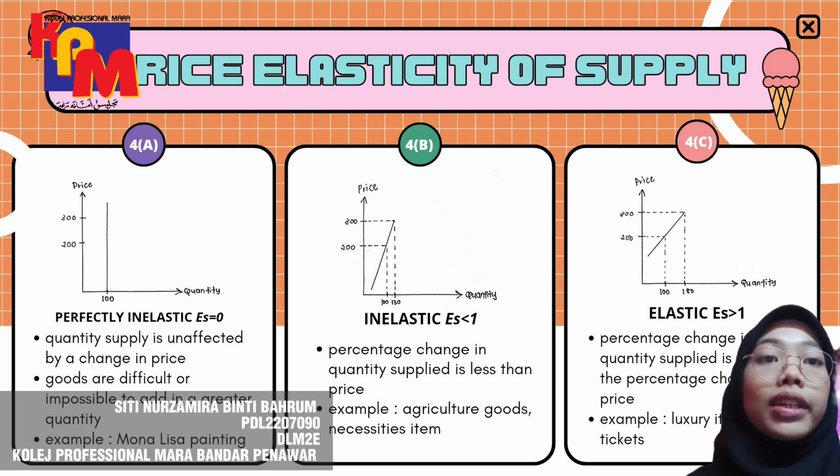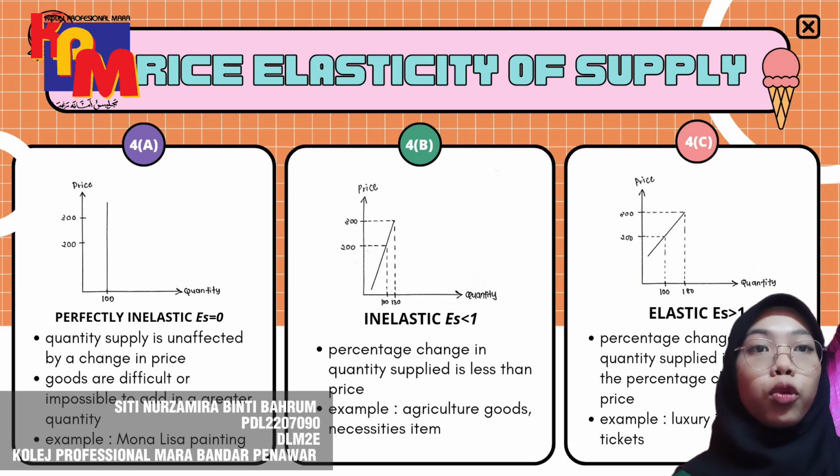If the price of a necessity item increases, the supplier will not reduce their purchase, but they will reduce their spending elsewhere.